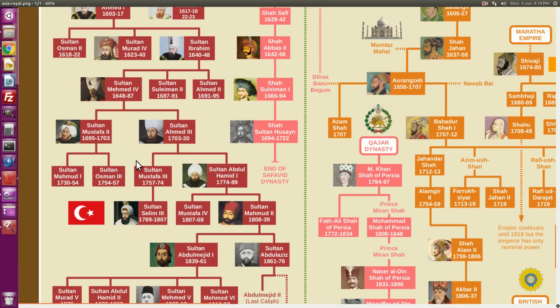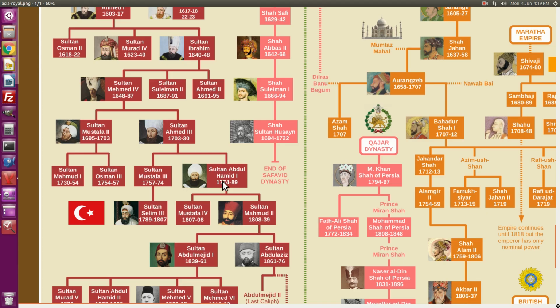We get a situation whereby several of the grandsons of Mehmed IV are all sultans at various times. You can see here how things pass back and forth between all the various lines that are starting to form.